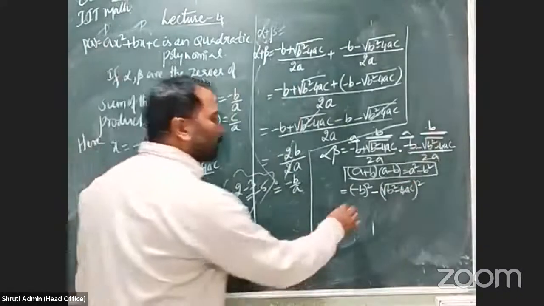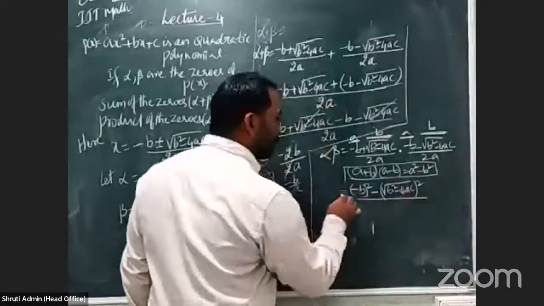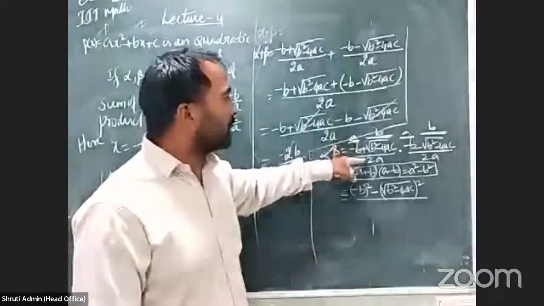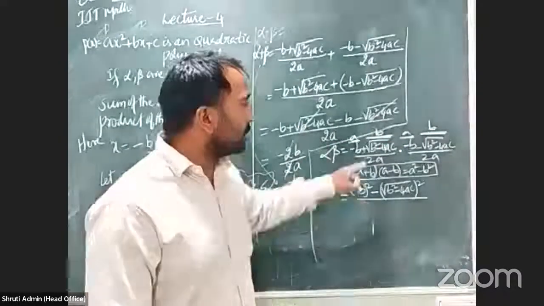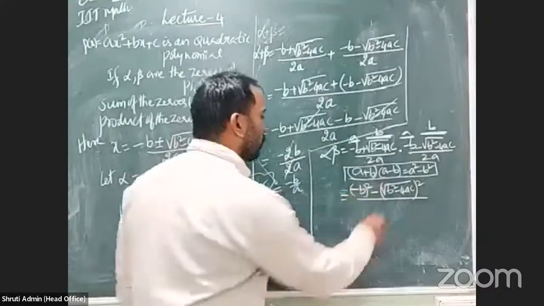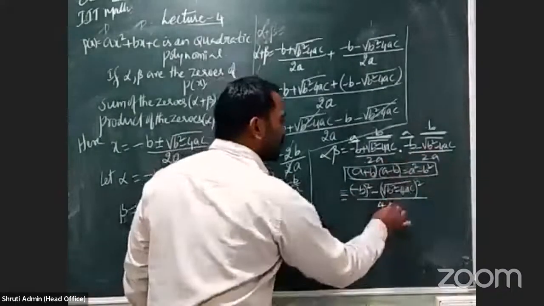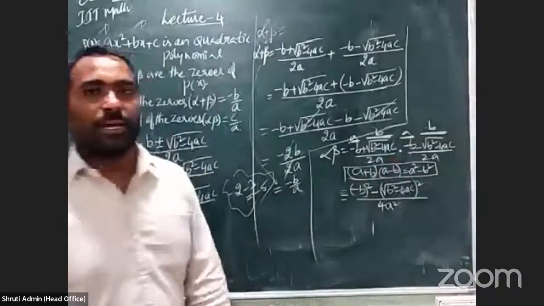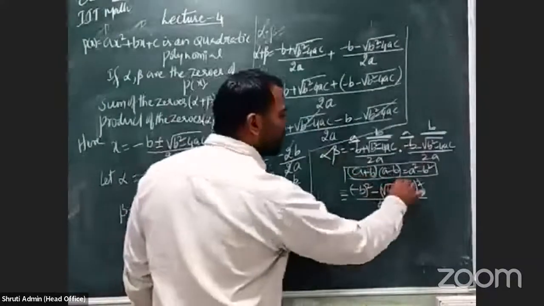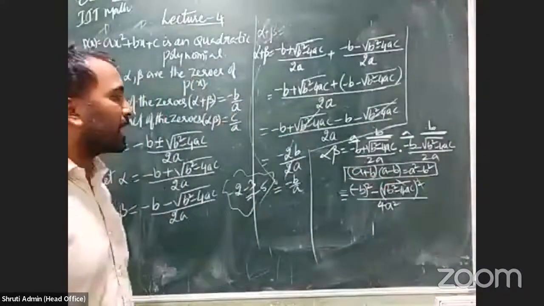How can the multiplication of two fractions be done? Denominators must be multiplied. 2 twos are 4. a into a is a square. Now square and root get cancelled.